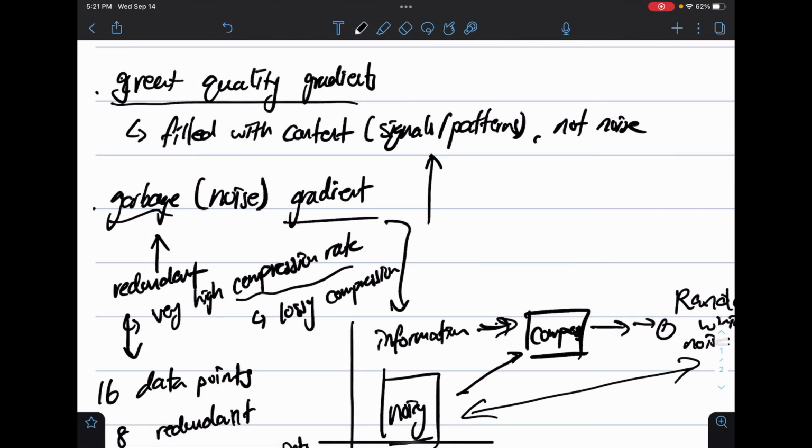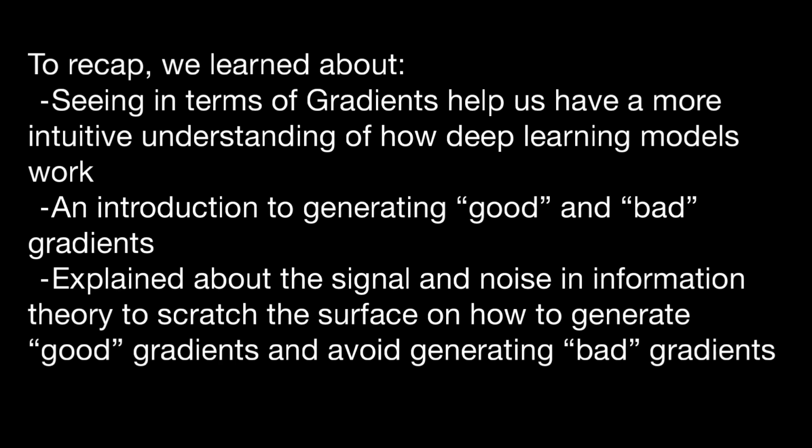We've talked about statistical properties as well, right? To recap, we learned that seeing things in terms of gradients helps us have a more intuitive understanding of how deep learning models work. We introduced good and bad gradients and what they are. And to explain them more, we covered signal and noise in information theory to scratch the surface and get our feet wet on how to generate good gradients and avoid generating bad gradients.